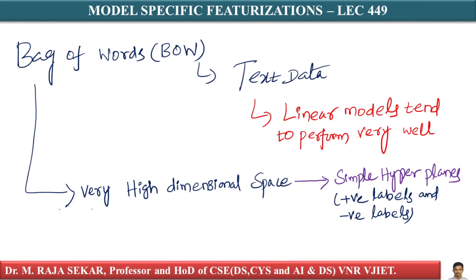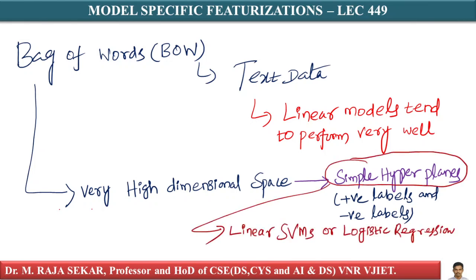Since there are many hyperplanes to choose from in higher dimensional data, finding a good hyperplane to separate positive labels from negative labels is not very hard, and the primary methods for this would be things like linear SVM or logistic regression.